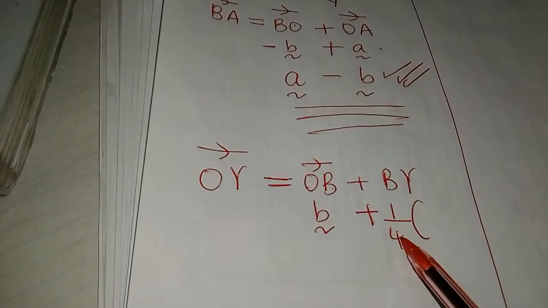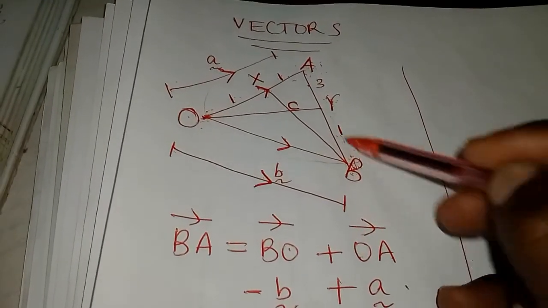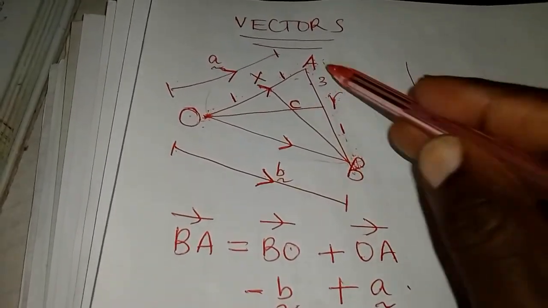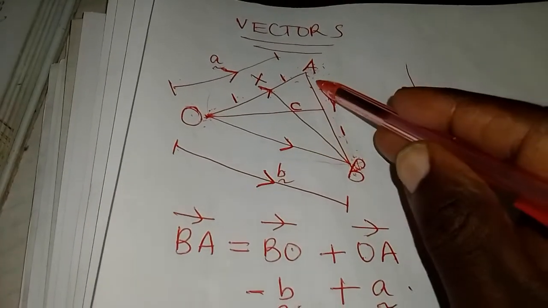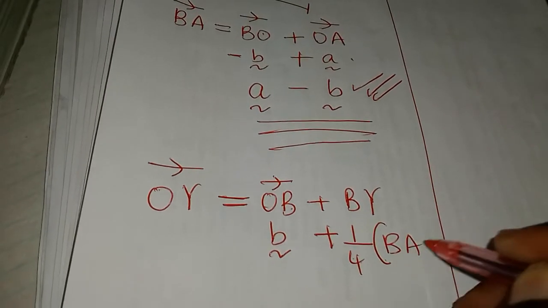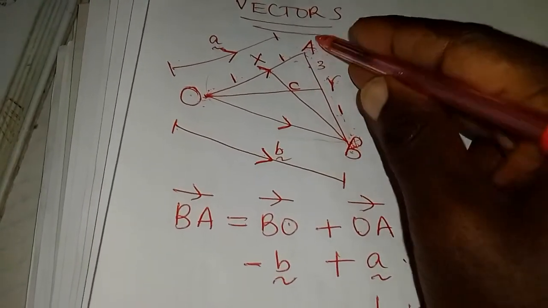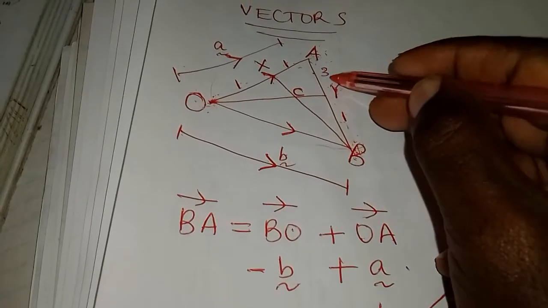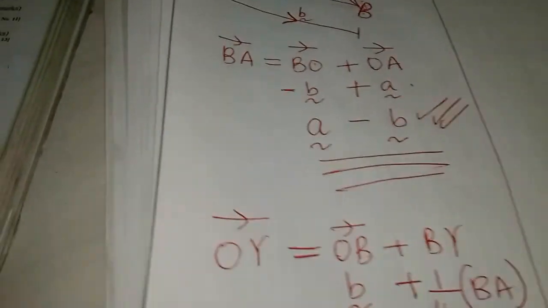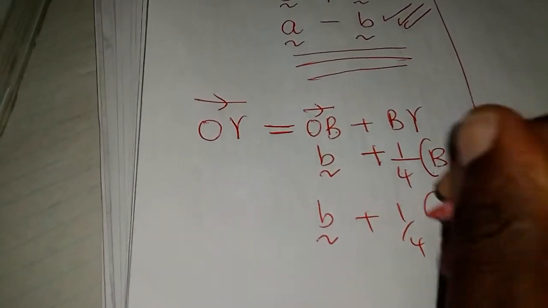BY is a fraction of the whole, and the whole is BA, with the whole ratio being 4. So I'll say 1 over 4 of BA. So I'm going to say vector B plus 1 over 4 of BA.